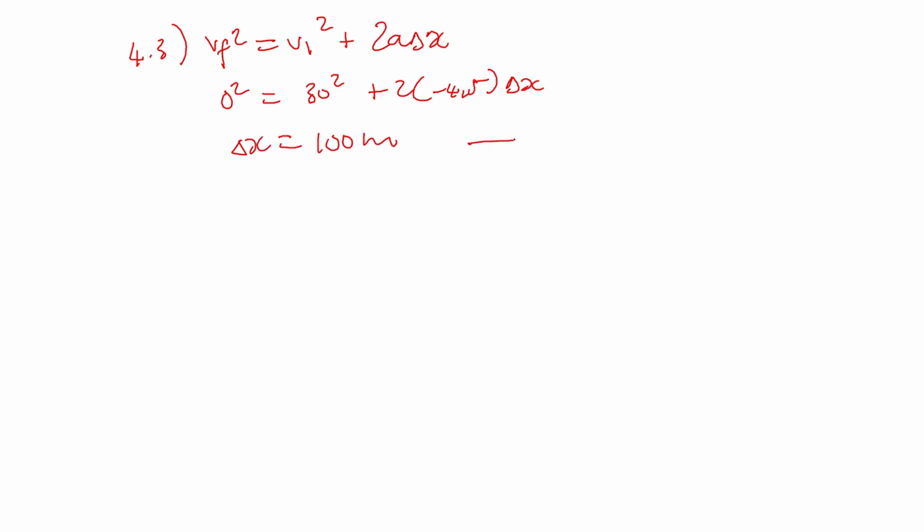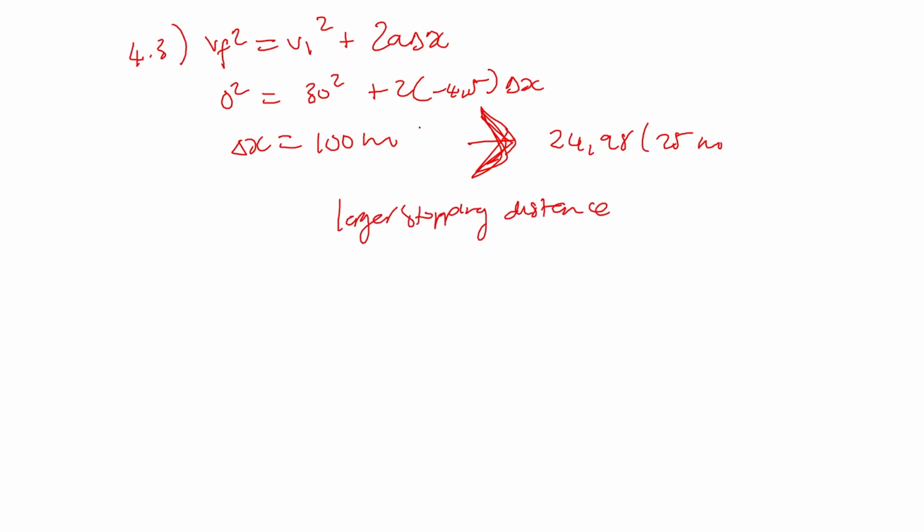So now you compare that to car A, which was 24.98 or 25 meters. And do you see? 100 meters is greater than 24.98. So that means car B has a larger stopping distance. Or you could have calculated the time: final velocity equals initial velocity plus acceleration times time.